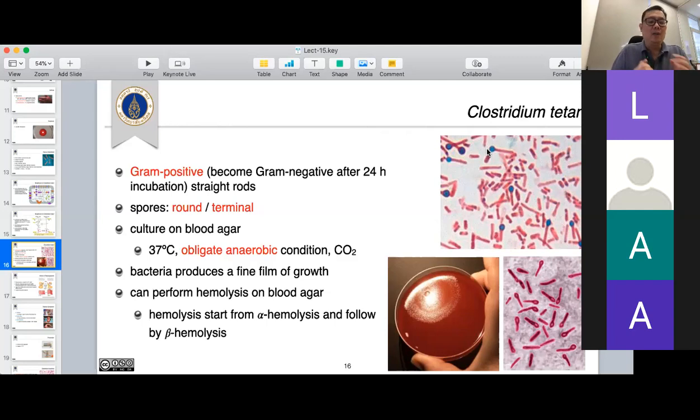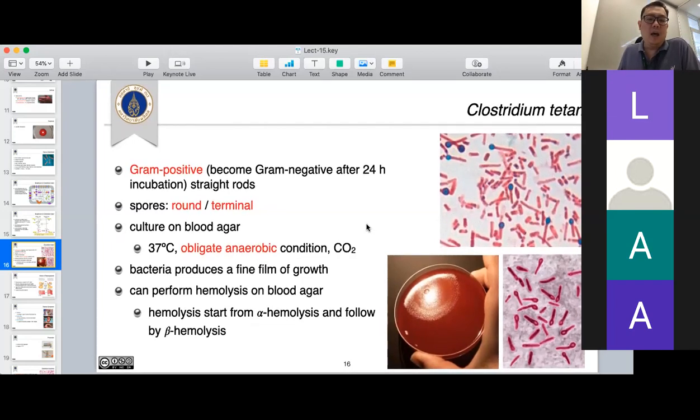So in the Clostridium group, the position of the spore can be one of the keys to help you identify species among these four Clostridium. This one is super easy. When you perform gram staining, you can see the spore easily. The position of the spore is at the terminal. The cells keep a pattern of drumstick, mighty claw.